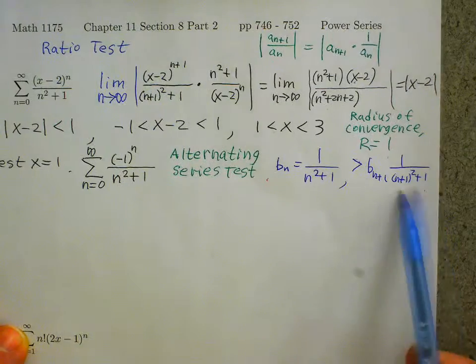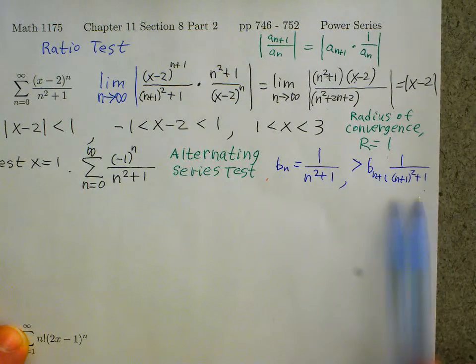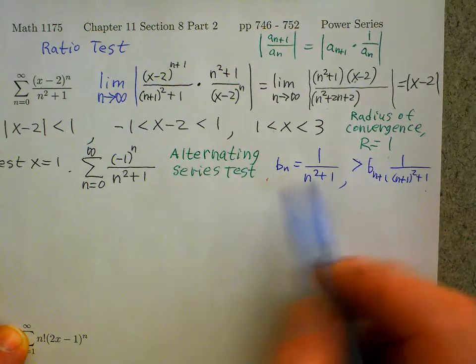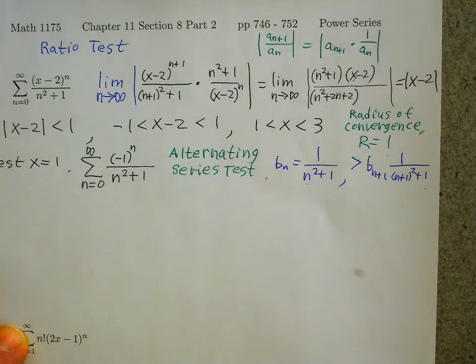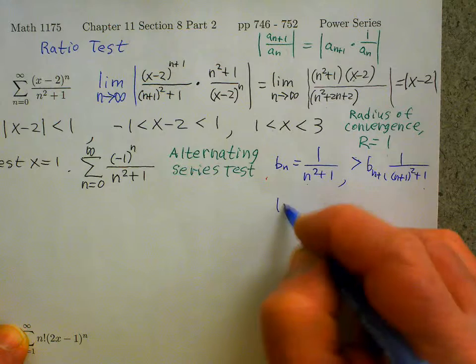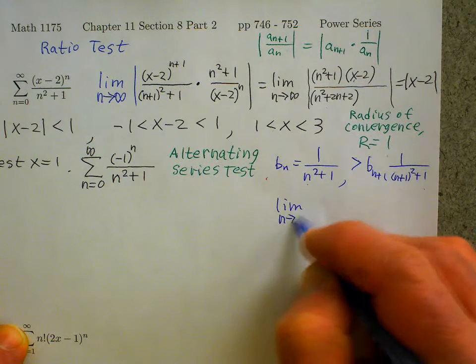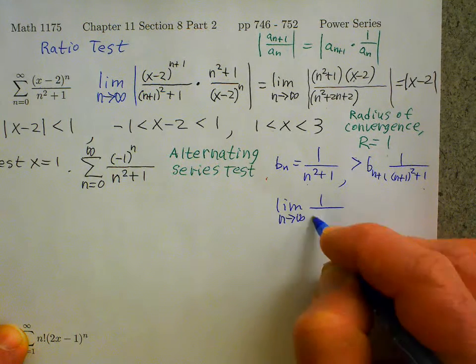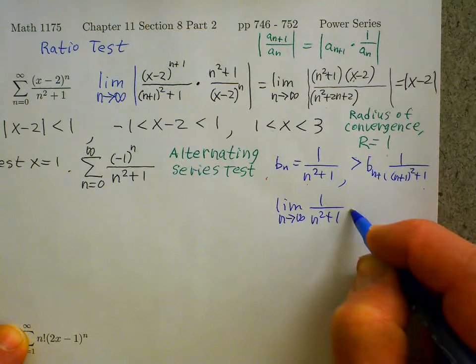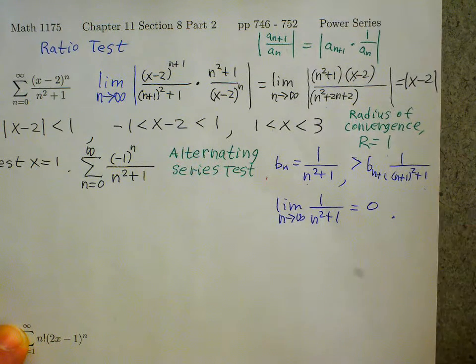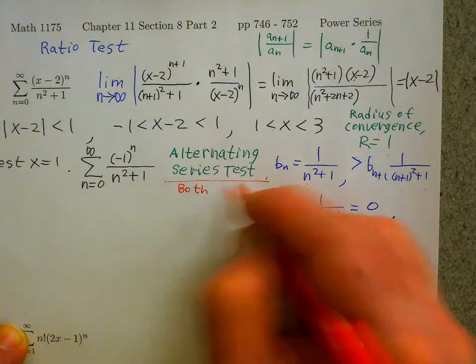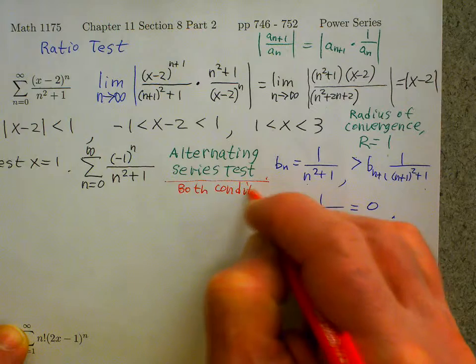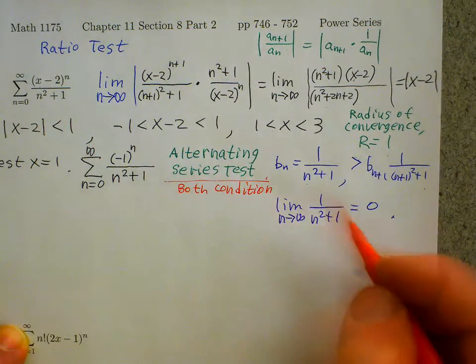So the b sub n sequence is decreasing, and the limit of the b sub n sequence goes to 0, right? So the limit of 1 over n to the second plus 1 equals 0. So both conditions are satisfied at the endpoint x equals 1.